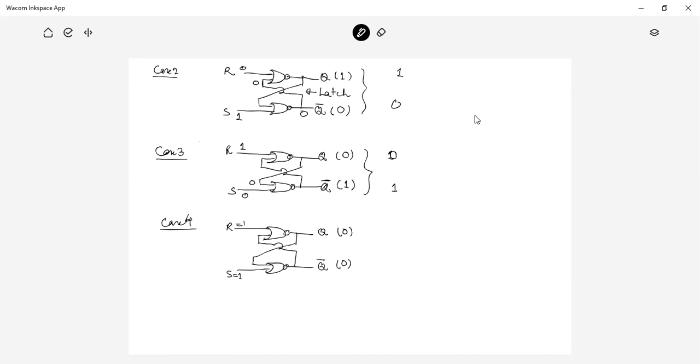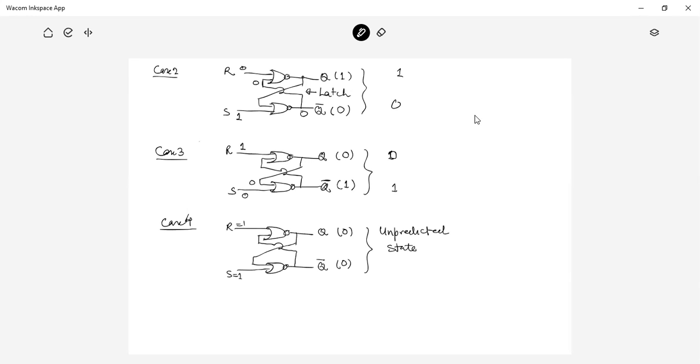Then this kind of condition is the unpredicted state. That is, you cannot say what the state is. This is the unpredicted state.